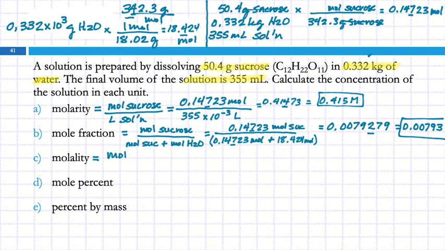So moles of sucrose per kilogram of solvent, which is water. Well, we already calculated the moles of the sucrose. So 0.14723 moles. And what do you know? They gave us the mass in kilograms of the water. How nice.